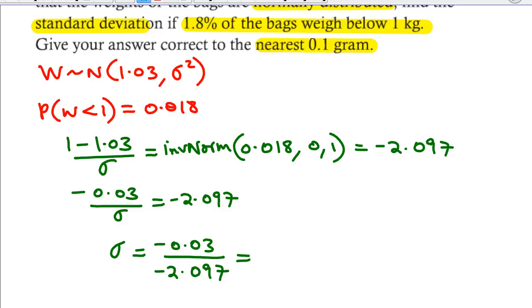If you plug that in your calculator, you'll get 0.0143 kilograms. And if you convert that to grams, that will be 14.3 grams.